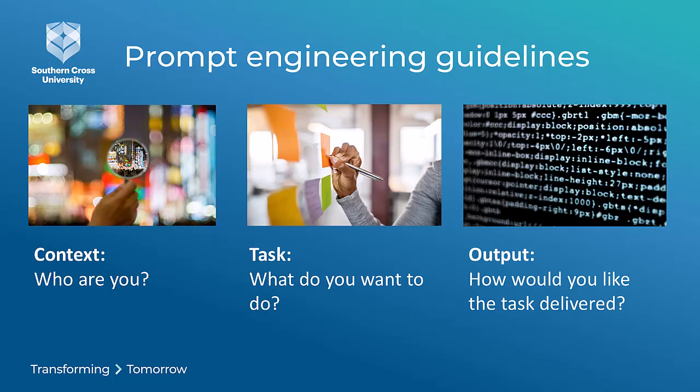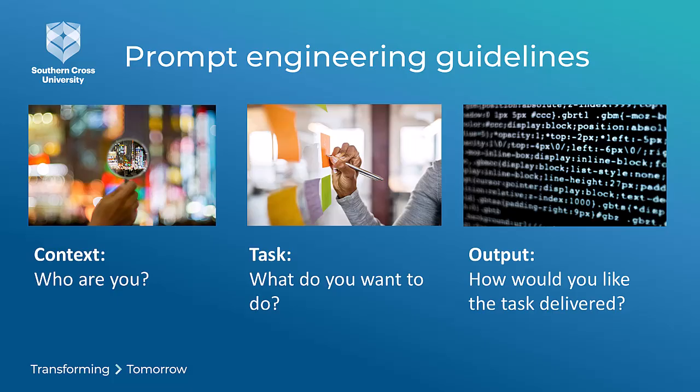To help you structure an effective prompt, you could think of three main areas: context, task, and output. For context, you could ask yourself, who are you? What is the context of your learning task? Try to be as specific as possible. For example, which discipline are you studying and what level?